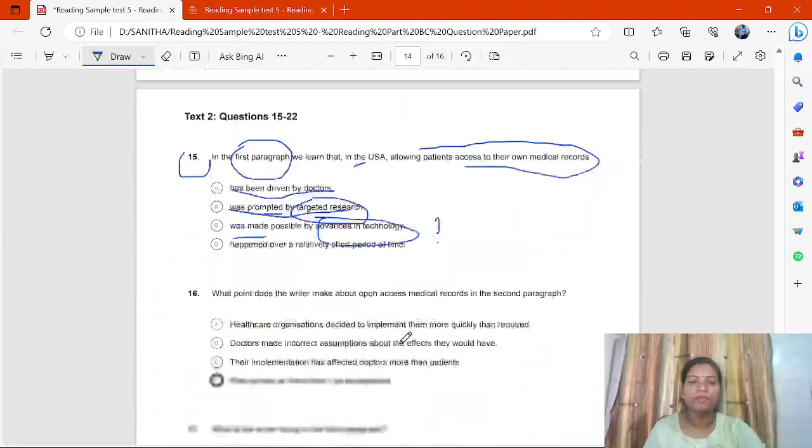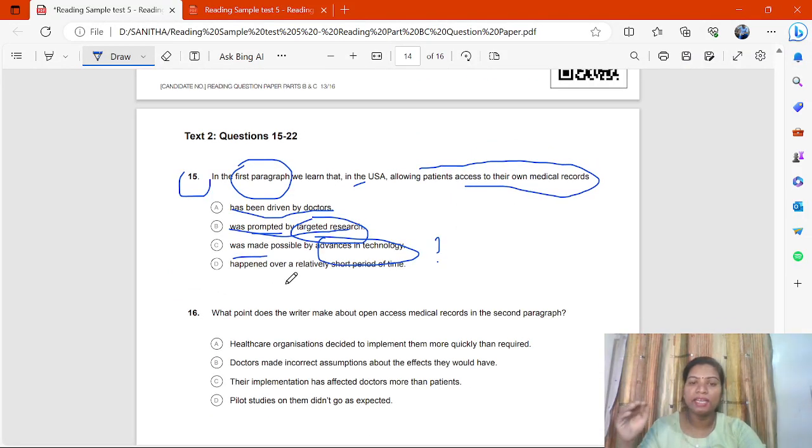Happened over a relatively short period of time. In the first paragraph, we learned that in the USA, allowing patient access to their own medical records, that was the question.